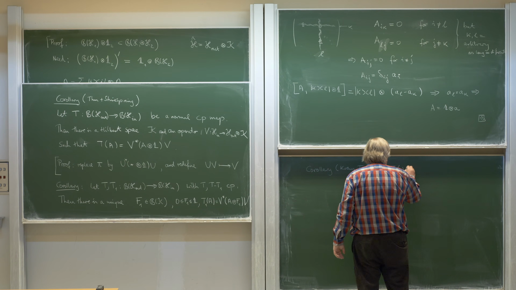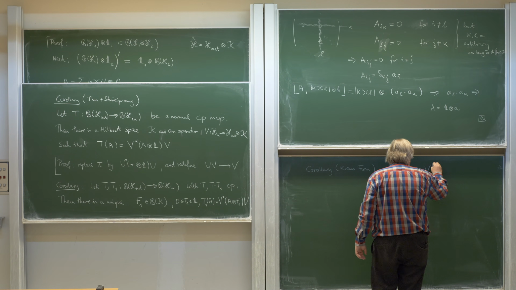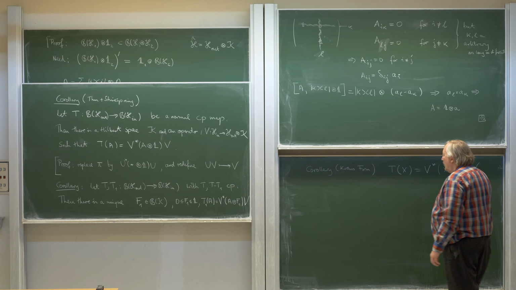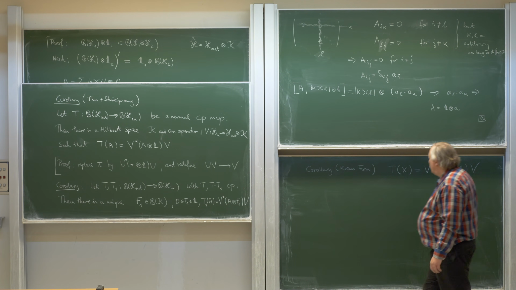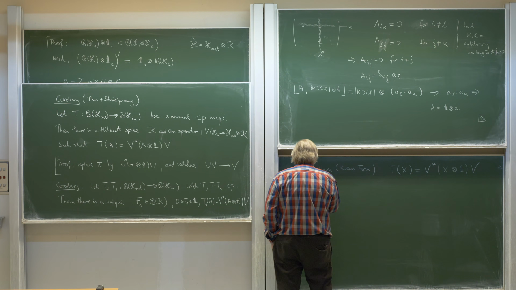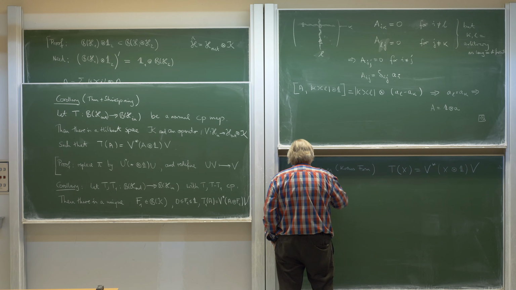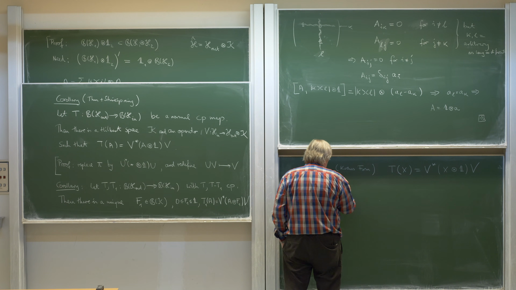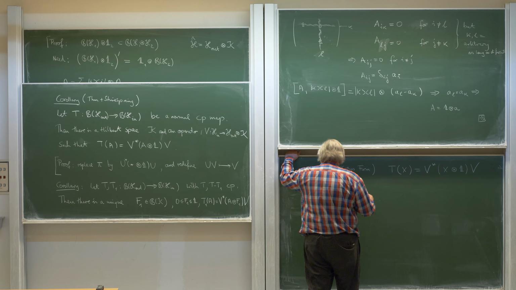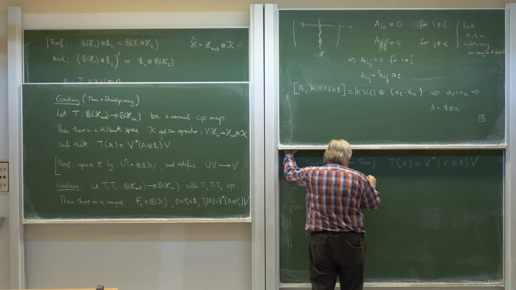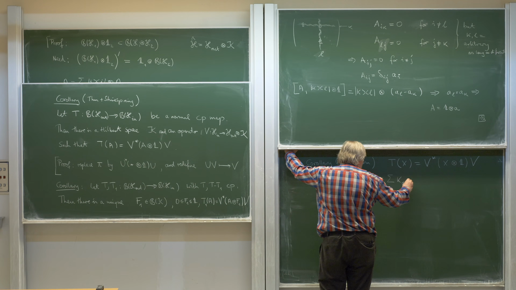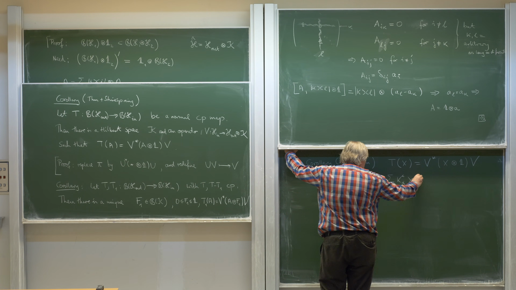Okay, so we look at the Stinespring representation. So such a T can be written as T of X is some sum over alpha of K_alpha* X K_alpha.